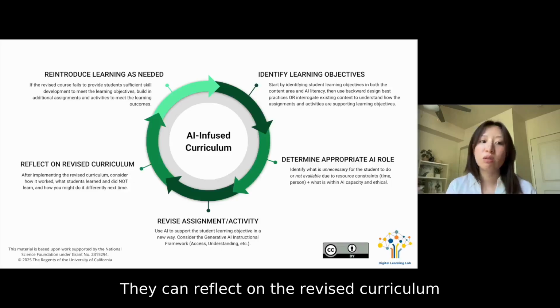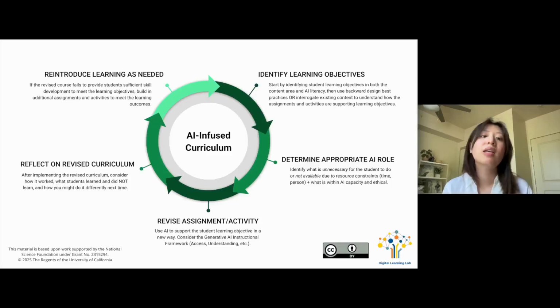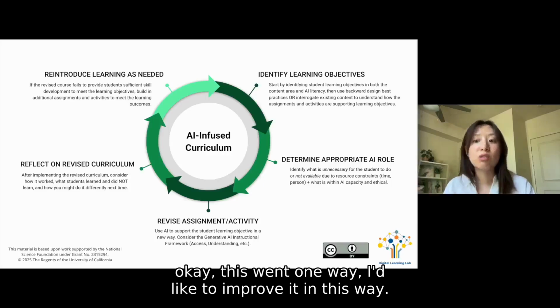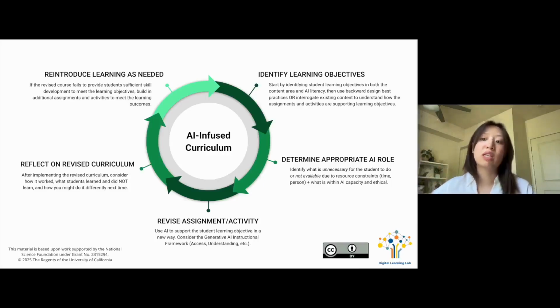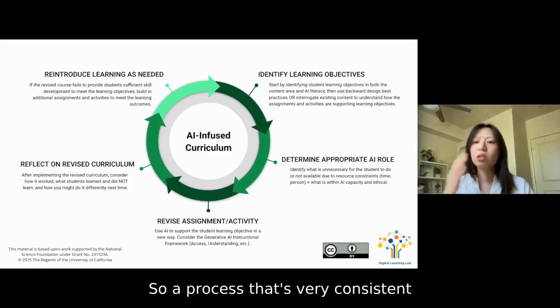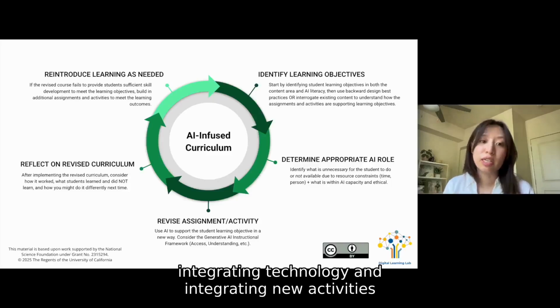They can reflect on the revised curriculum after implementing it, especially in coordination with student feedback, and then they can reintroduce learning as needed to decide, okay, this went one way, I'd like to improve it in this way. Let's reintroduce new activities or let's revise the activity further.